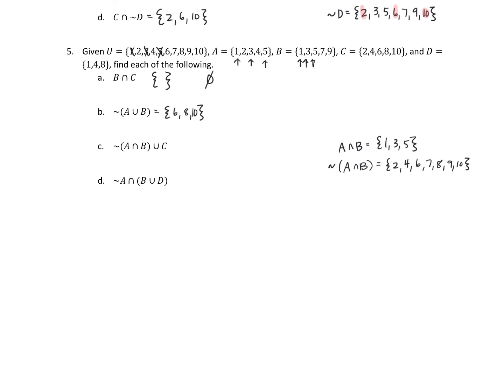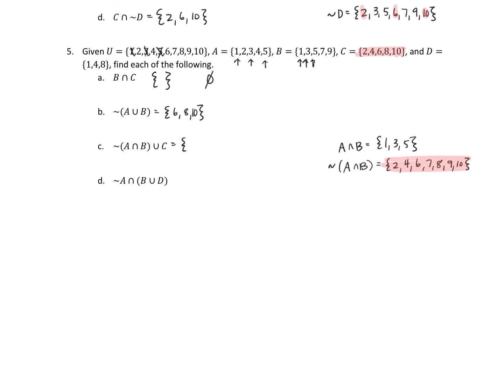Okay, so now we've done that part. Now the last step is to look at how we can compare this set that we just did. Let me highlight. So this, we want a union with C. So we're going to put those together as a union. So any element from either of those sets will come down into the overall set.